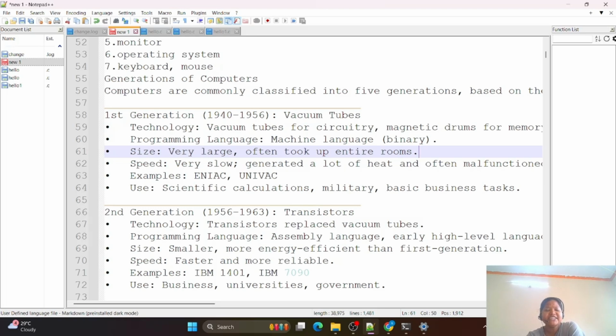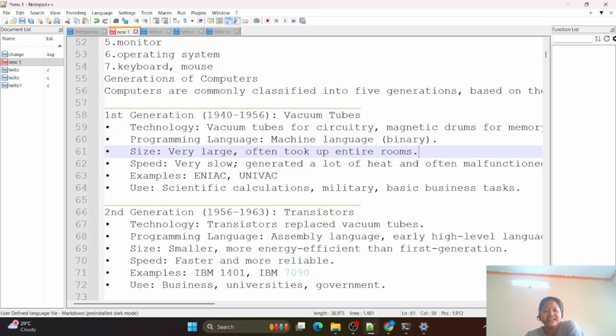Okay, so speed was very slow because they had just developed the computer, so definitely if we do something for the first time, maybe some errors would be there, or some lack of things would be there. So from time to time we update, we correct our mistakes, we learn something, we develop something, isn't it?